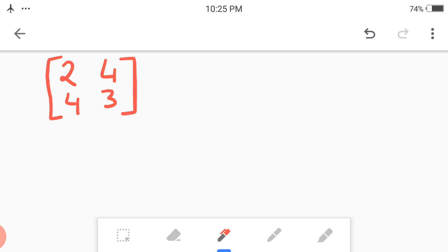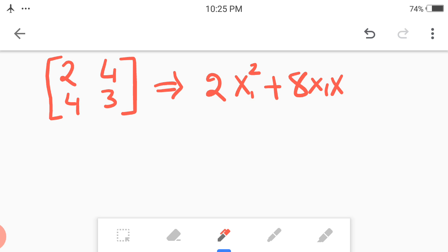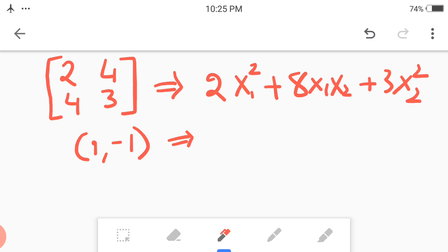Let's try to write the equation now. For this you will get 2x1 square plus 8x1 x2 plus 3x2 square. Now again let's try substituting 1 and minus 1. What do you essentially get? 2 minus 8 plus 3, which is less than 0.